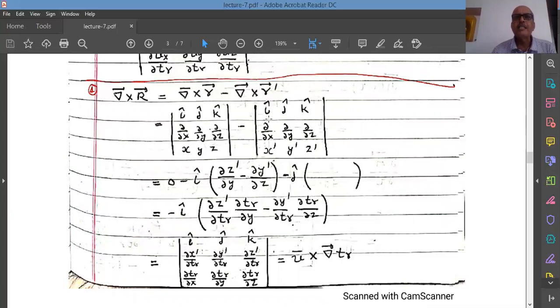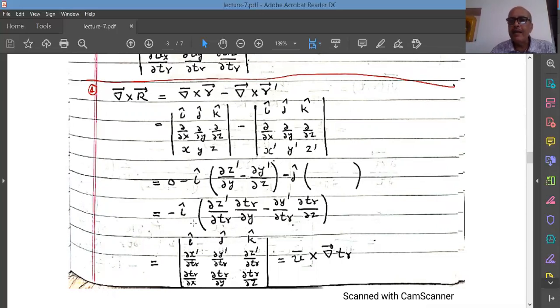So we will again expand this curl, that means this determinant, and since we have a minus sign here, I have written the minus sign: minus i cap, and then we will have del z dash over del y minus del y dash over del z. And again, similarly, we will write down the complete expression by writing the other two terms also.